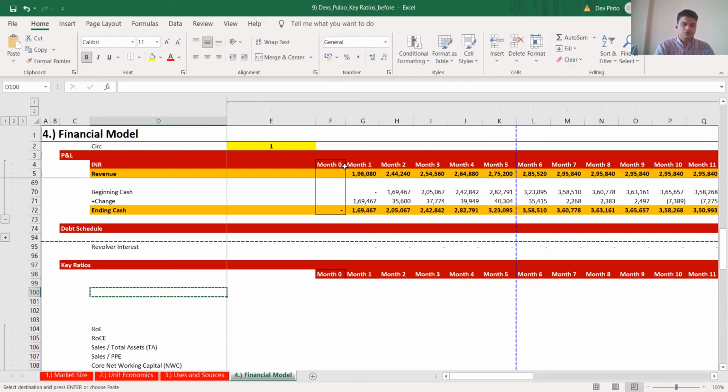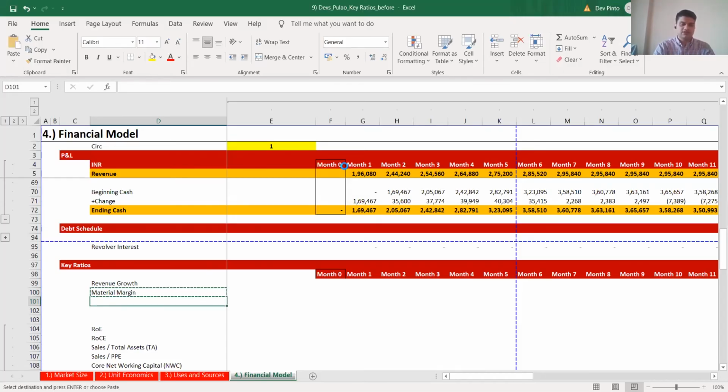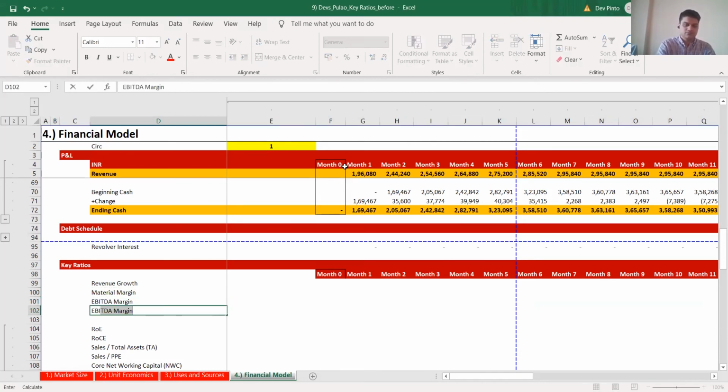Revenue growth. Let's add material margin. Let's add EBITDA margin. EBIT margin.